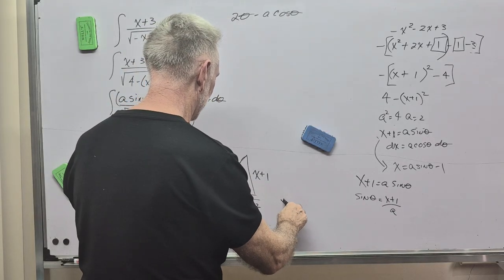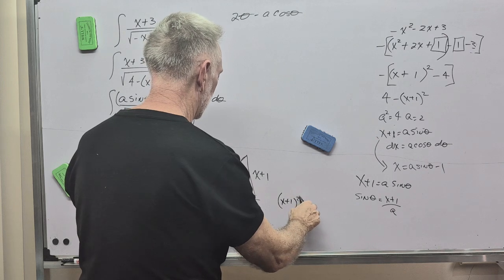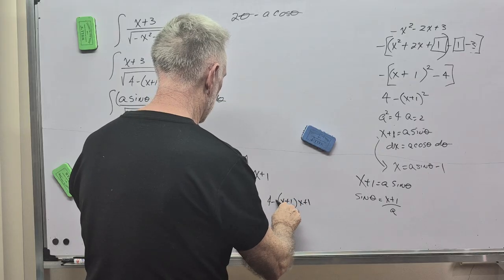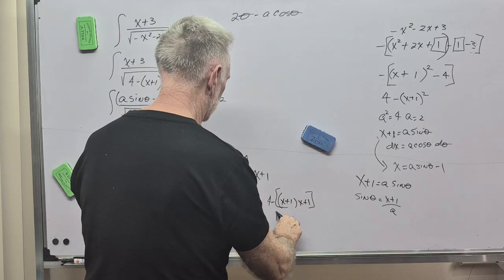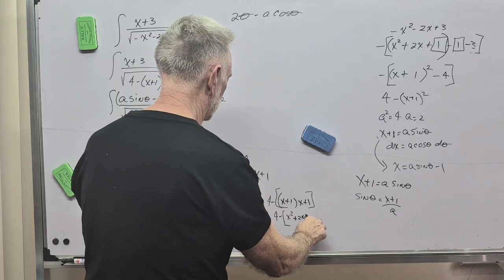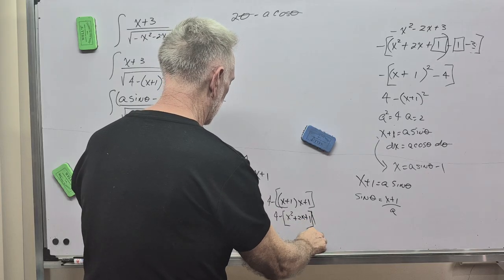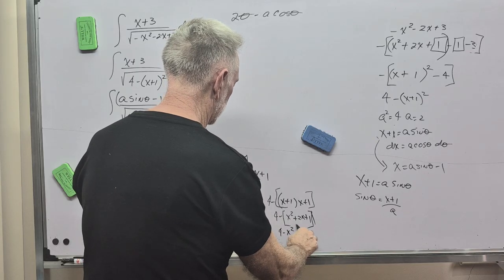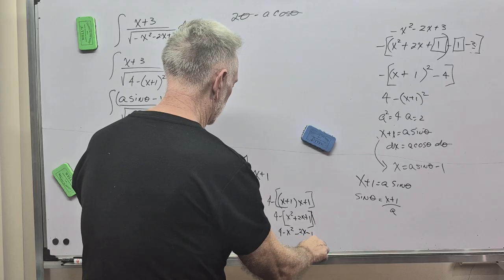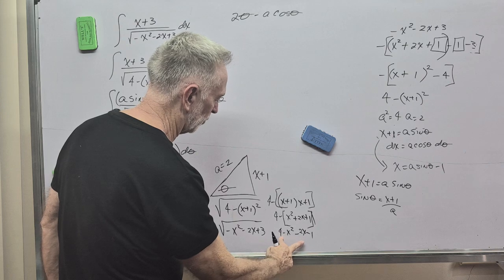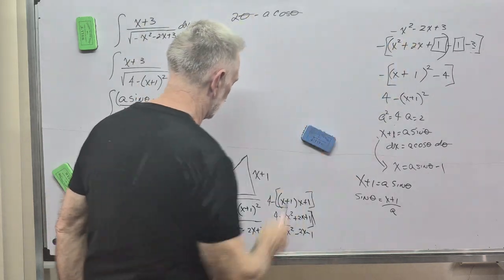So you'd get x plus 1 squared, and 4 minus all of that. So that's 4 minus the parentheses of x squared, 1x and 1x is 2x, plus 1. So that's 4 minus x squared minus 2x minus 1. So now minus x squared minus 2x, 4 minus 1 is 3. So it gives me that term.